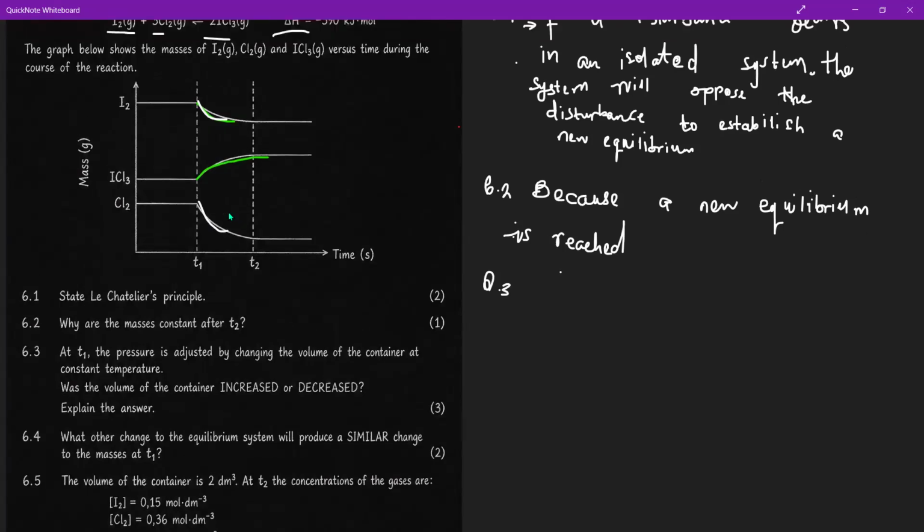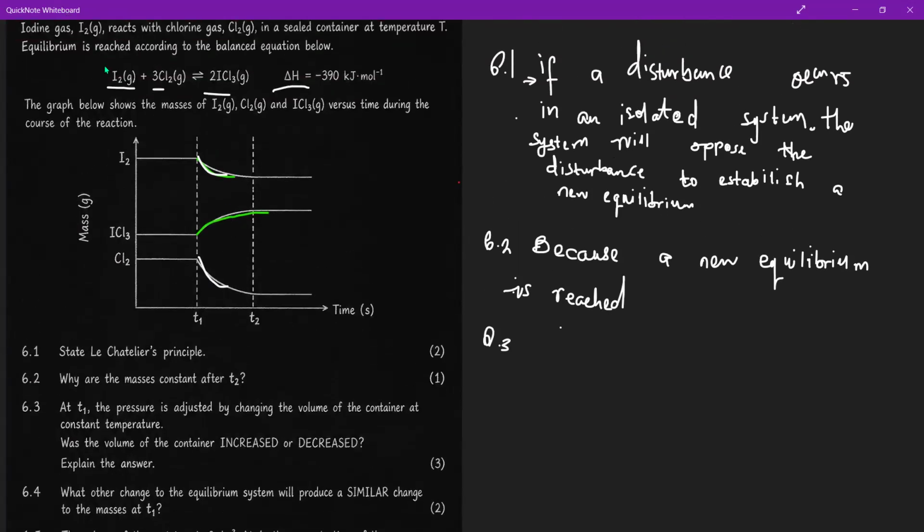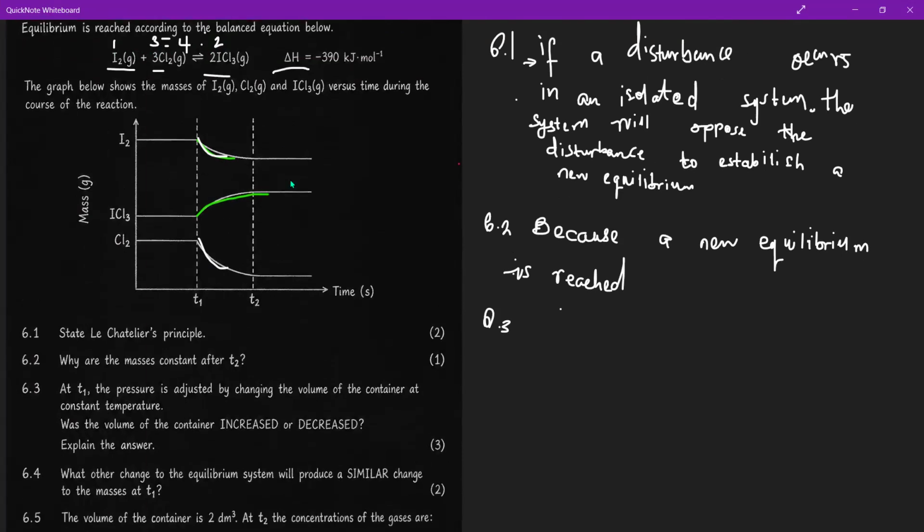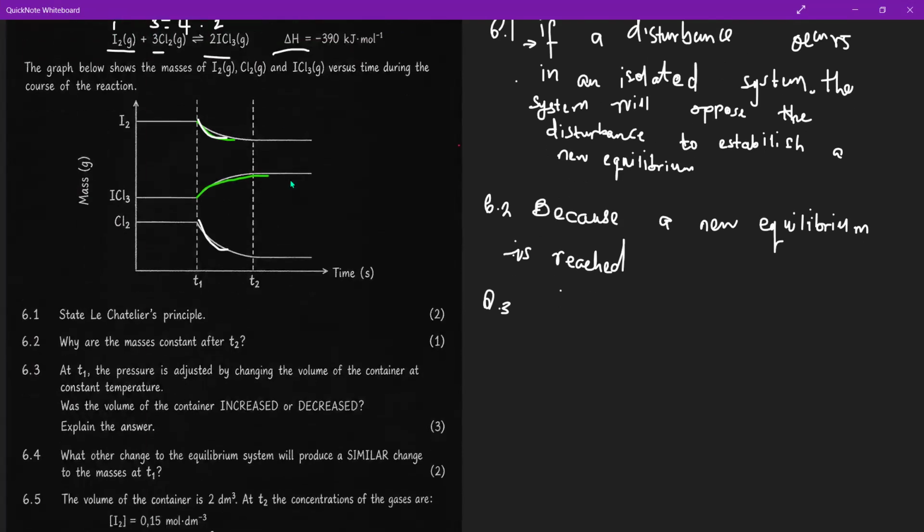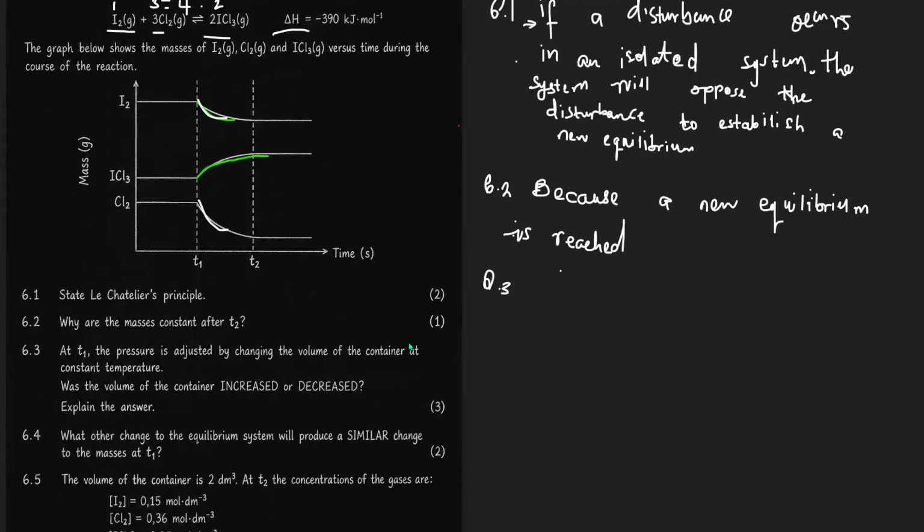If you check here, you have 1 plus 3, so we have 4 molecules in total, while on the other side we have 2. So it's 4 is to 2. This is based on the fact that I just made an adjustment to the pressure.